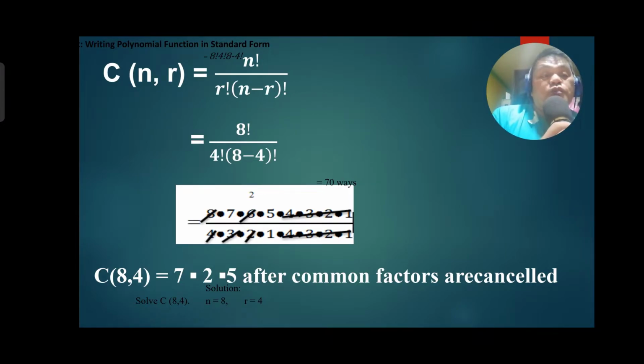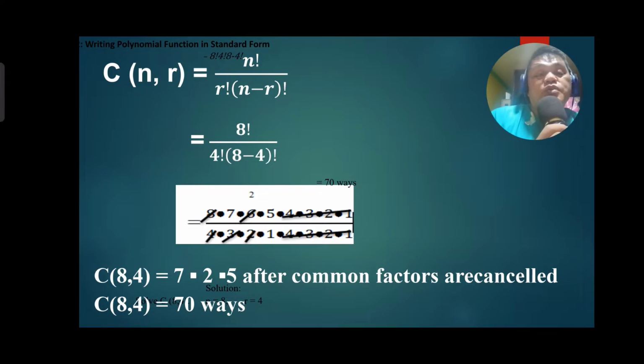After the common factors are cancelled, multiplying 7 times 2 times 5 is equal to 70 ways or 70 selections. So from the 8 people, you can form 4 members in 70 ways or 70 selections.